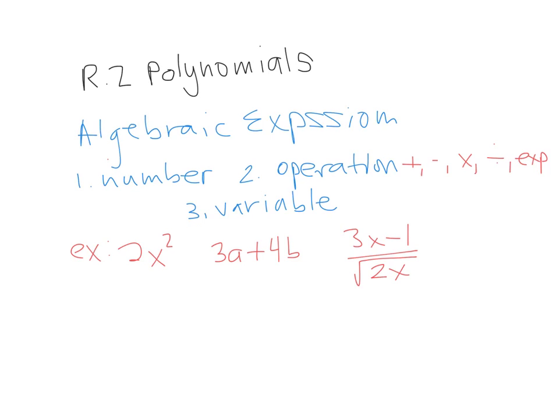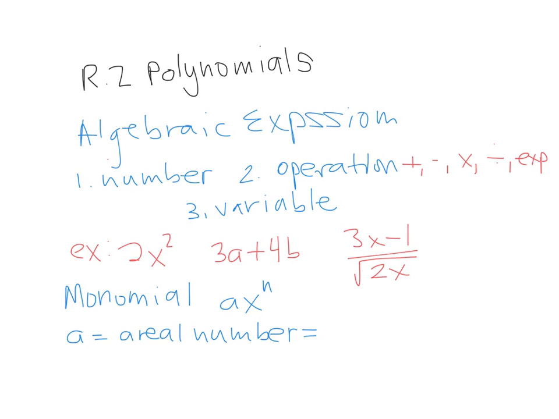We want to look at a specific type of algebraic expression called a monomial. It has the form of ax to the n, where a equals a real number, and we call it a coefficient.